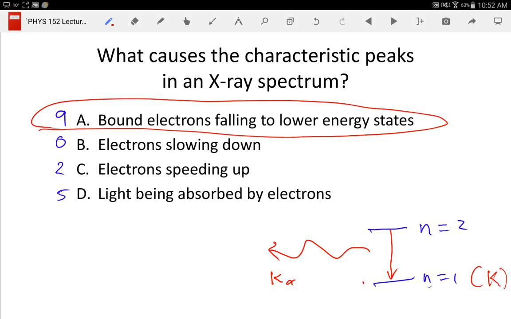Now, I don't think I have this as a clicker question. I'll feel stupid if we go forward one slide and we do, and I forgot. What causes the continuous part of the X-ray spectrum? Right. This here is what causes the continuous. And who can remember the crazy name for that?